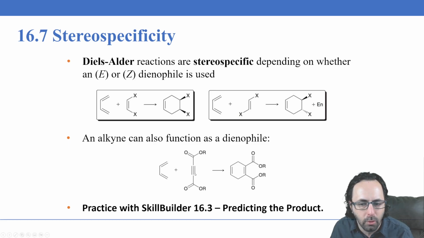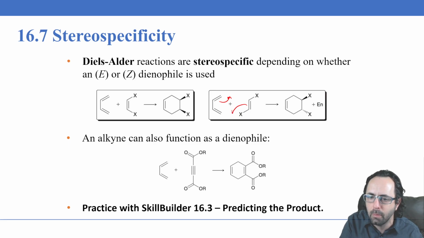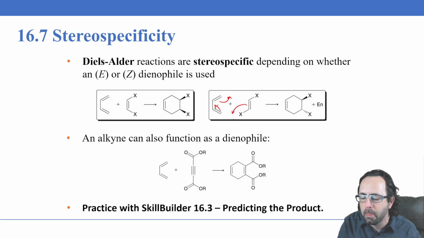Alkynes can also function as dienophiles, not just alkenes. When they do, of course, you don't end up with just a single bond here. So you can see when you use an alkene and you have these reaction arrows here like this, you can see that here you'll no longer have a pi bond.